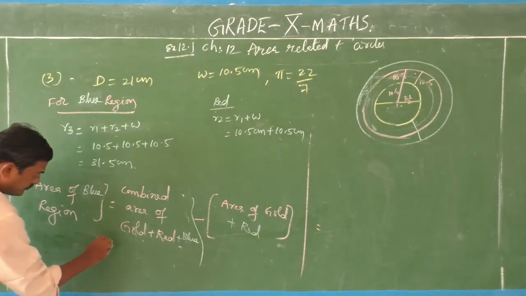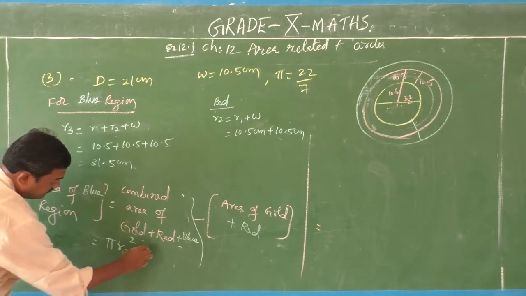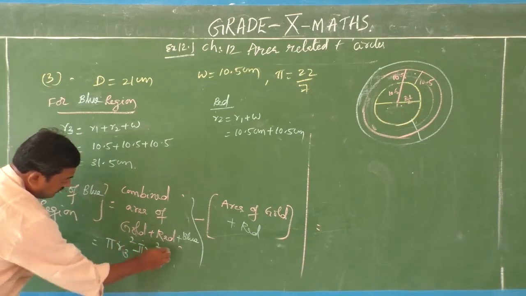That equals pi r3 square minus pi r2 square.